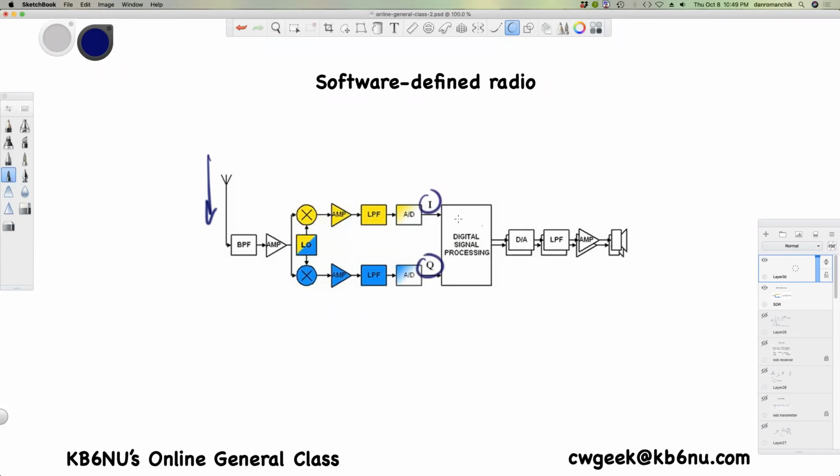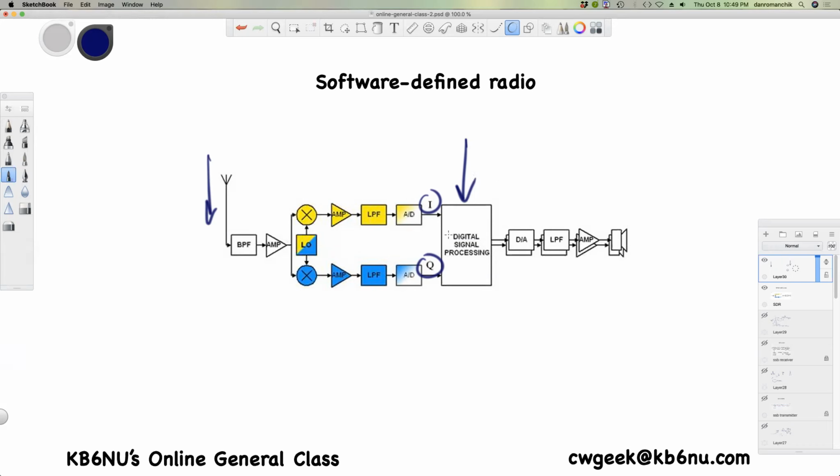Then these are converted into digital. At this point, there are still two analog signals 90 degrees out of phase with one another. Then they're converted to digital and fed right into a digital signal processor. All the magic happens right here: the bandpass filtering, the demodulation, all that stuff.